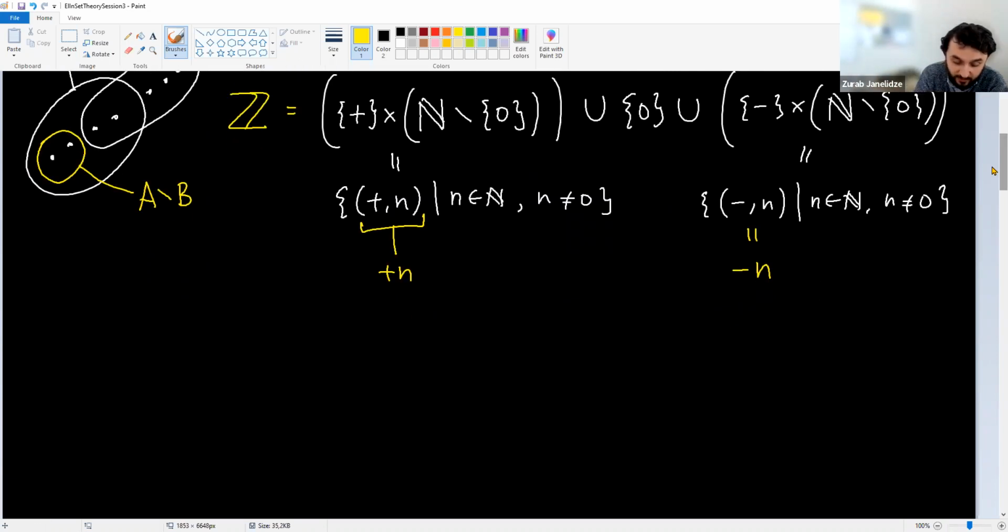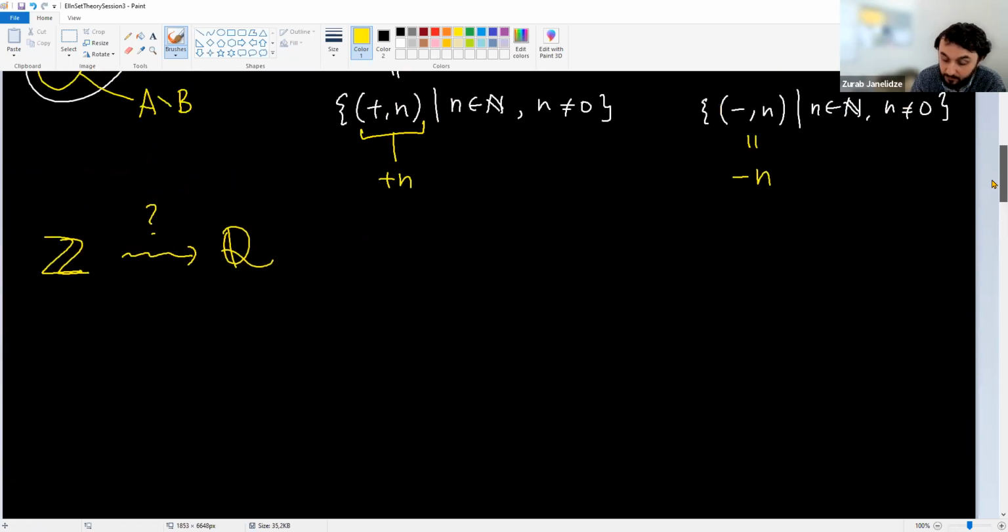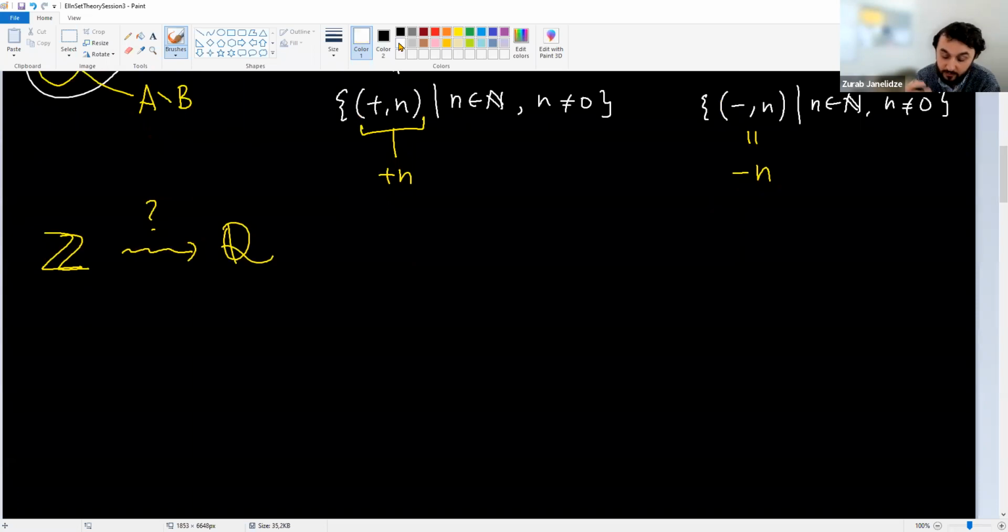Okay, but now the next question is how to move from Z to the rational numbers. Again, we can use the idea of ordered pair. We could take Z cross Z. So consider pairs of integers.